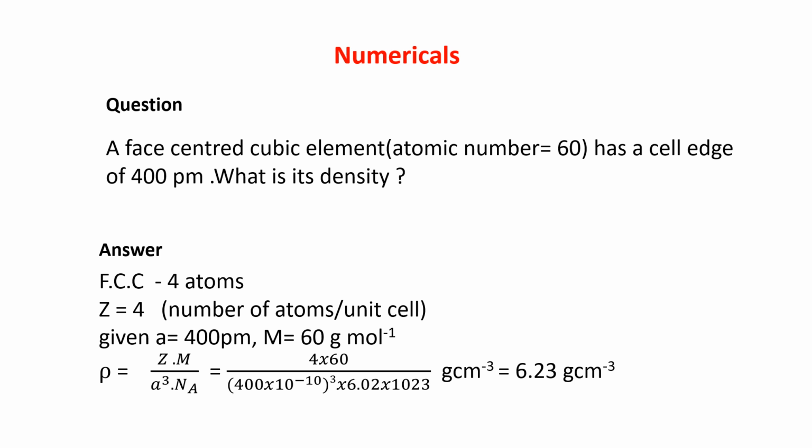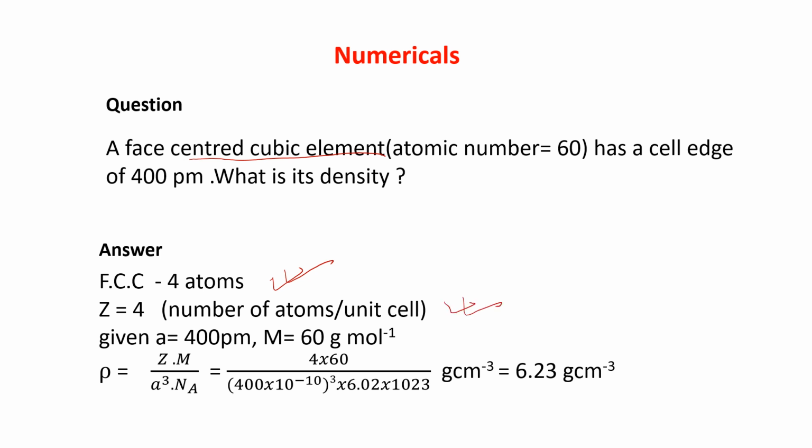Now come to the numerical questions. A face-centered cubic element whose atomic mass is 60 has a cell edge of 400 picometer. What is its density? Now it is face-centered, so naturally 4 atoms per unit cell.